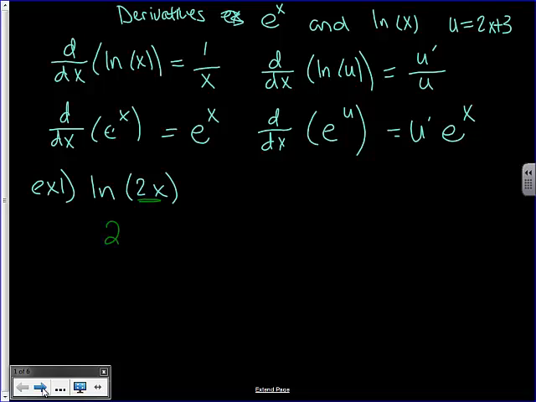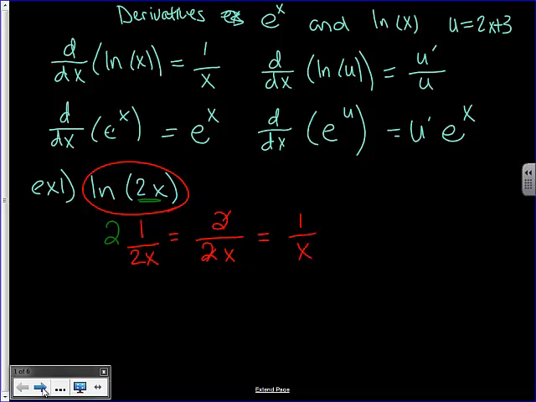And then the derivative of my outside, my entire thing, is 1 over 2x. Correct? Let's multiply that together, and I end up with 2 over 2x. My 2's cancel, and I've got 1 over x. Fairly simple, right?